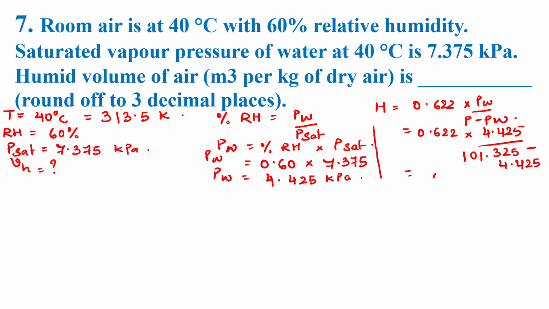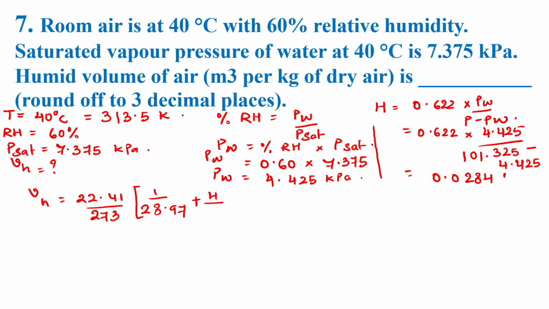Now we know the formula of humid volume, that is 22.41 divided by 273, 1 by 28.97 plus H by 18.02 into T. Just will put the value of T and H over here.